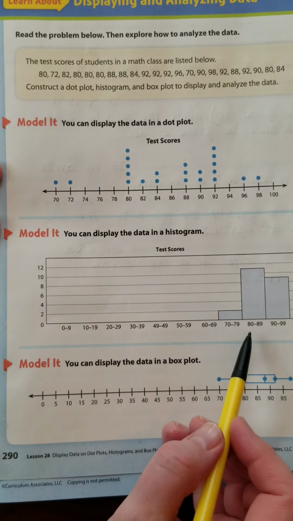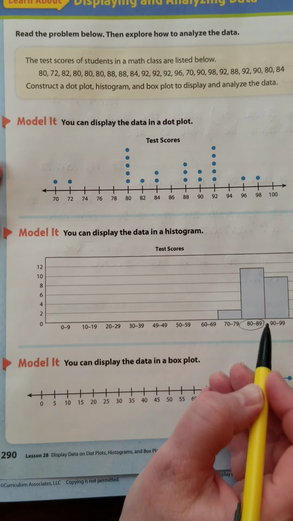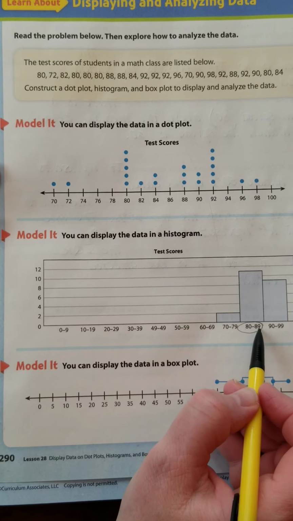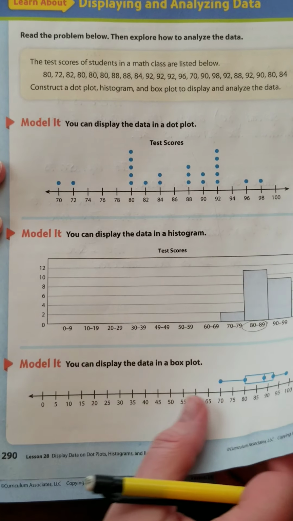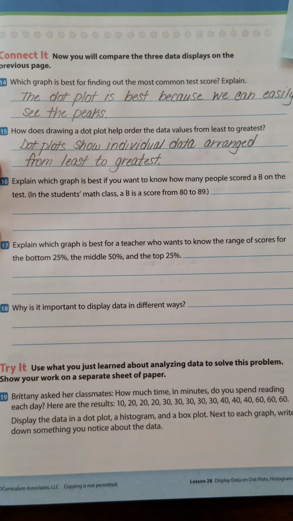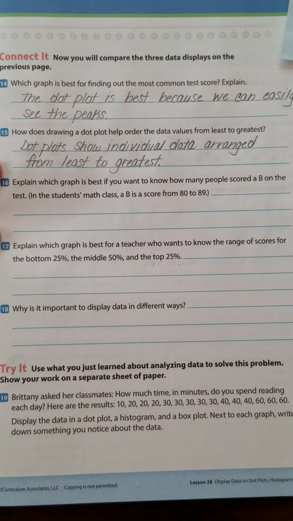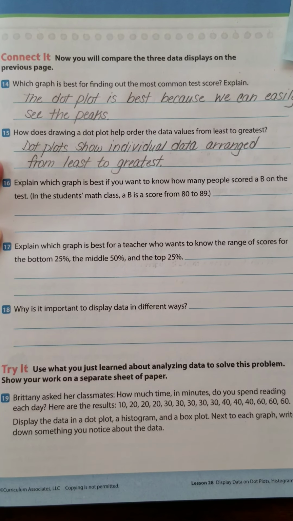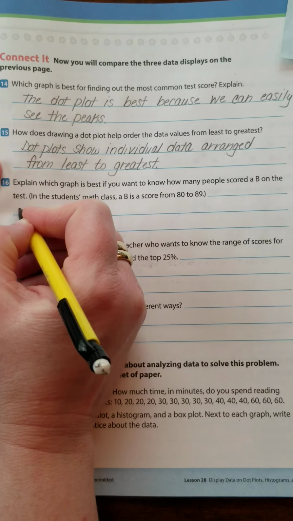I hope you picked histogram because histogram makes it obvious right here. We have this bin from 80 to 89, and that immediately shows us where the students who got B's are. So to write your answer for number 16, you're going to want to write a histogram. It groups the data into intervals, and it's easy to instantly see who scored an 80 to 89.